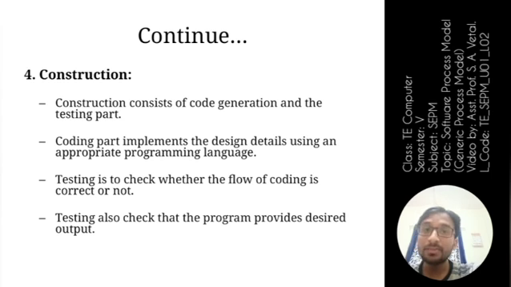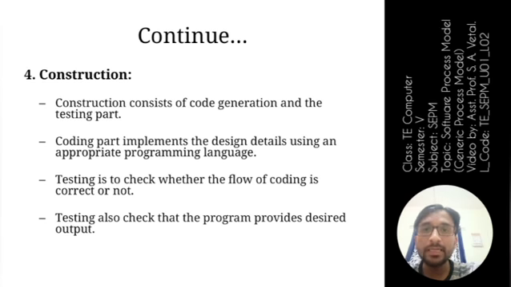Then the second task is testing. Testing is to check whether the flow of coding is correct or not. We check whether the code is correct, and testing also checks that the program provides the desired output. It is very important. Whenever we write a program, it should provide the appropriate output.